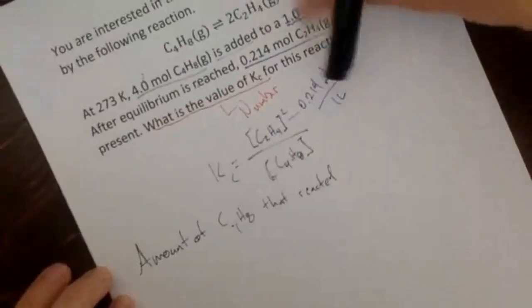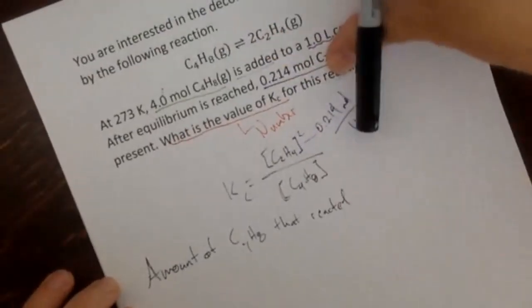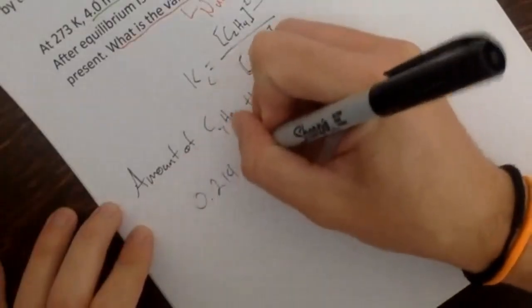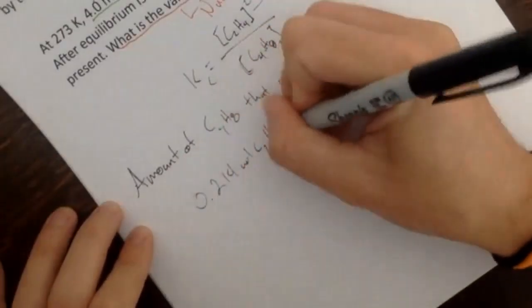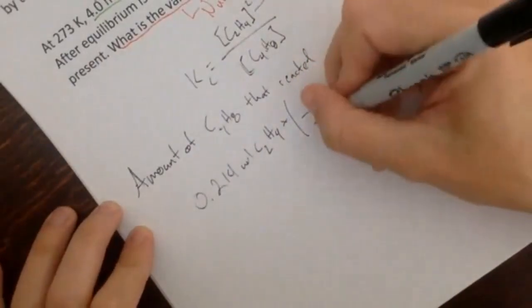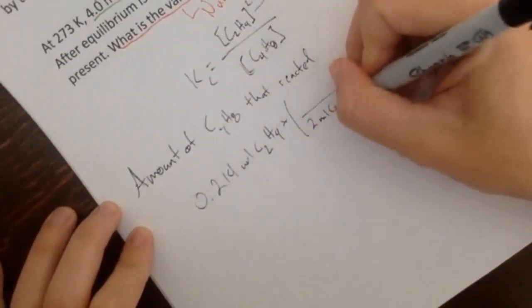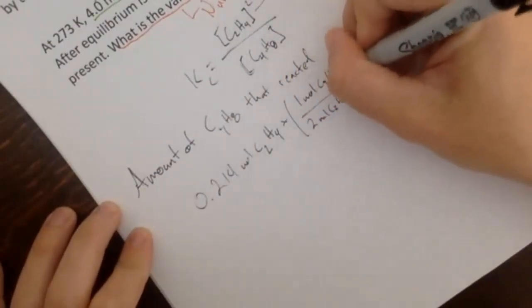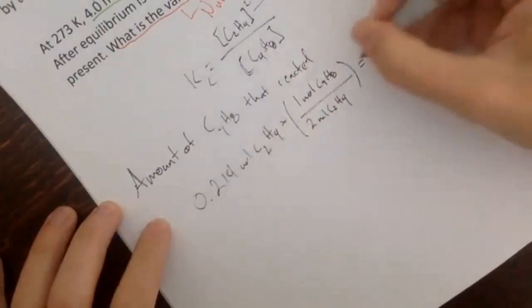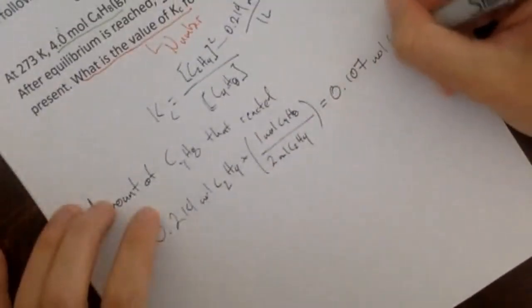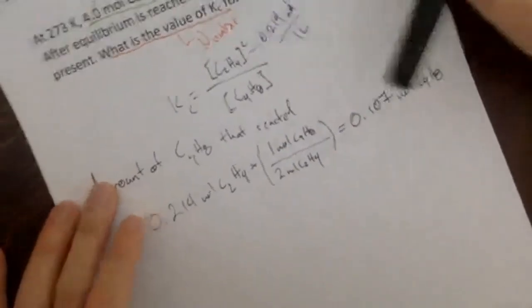We formed 0.214 moles of the product, so that had to come from reactant. Based on the reaction coefficients, 2 moles of C2H4 comes from 1 mole of C4H8. If I do that out, that tells me that 0.107 moles of C4H8 reacted.